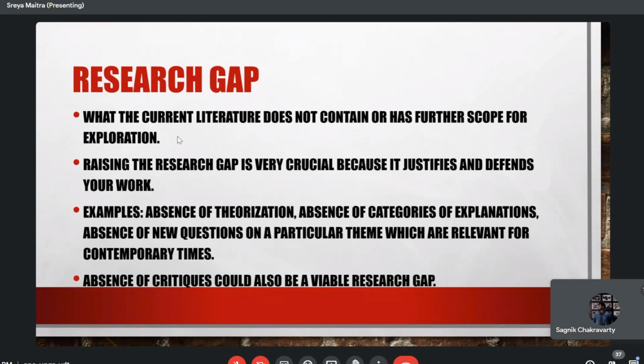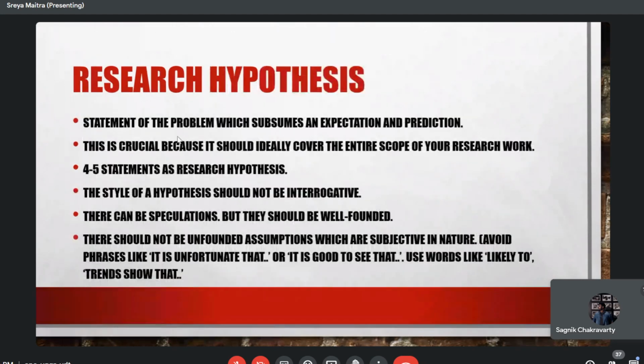So, for example, a research can give you in detail about the national education policy, but there may not be any critique on the national education policy, and that may be my work. But I want to criticize it. I don't think it was needed at all, and I don't think that it is beneficial for an almost poor country, agro-based economy like India's. So absence of critique can also be a way you can chart out your research.